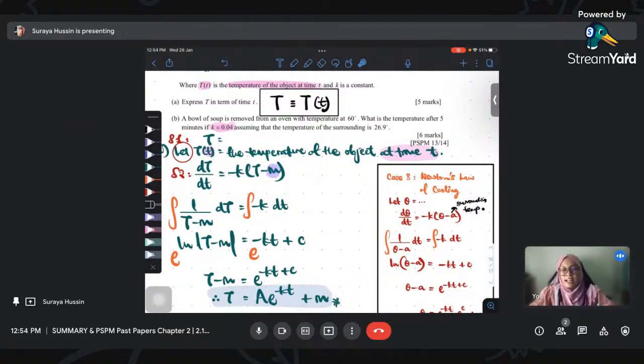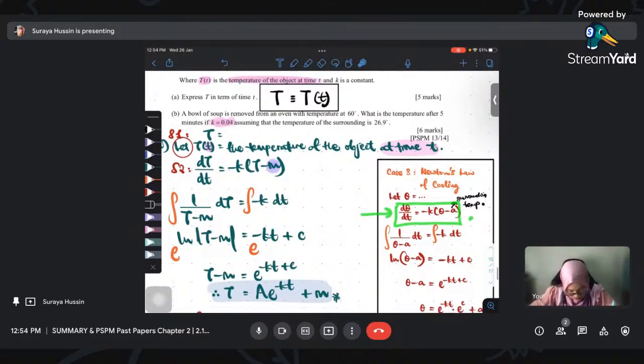Sebab setiap soalan sama sahaja. Setiap soalan akan ada bentuk ni juga. Cumanya huruf dia je yang akan a little bit berbeza. So you don't be afraid of it. You just try to understand the real concept first. Okay? Try your best to understand this is the basic concept that I must grab first.